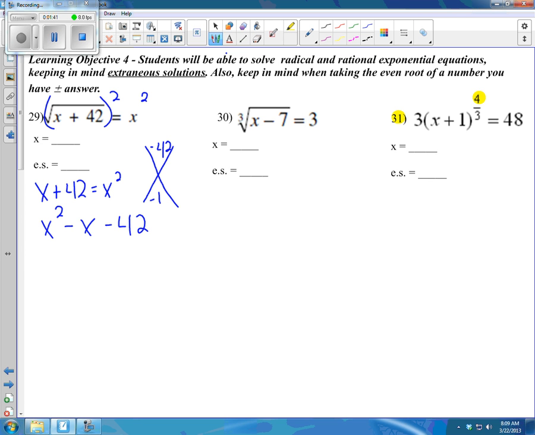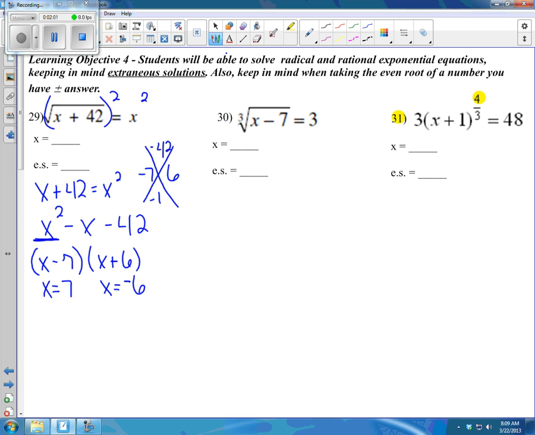And then through the factor program, the factors that are going to end up working will be negative 7 and 6. And because it is an x squared and not a number with the x squared, I can go straight to my parentheses. And then my two answers are, at this point, x equals 7 and x equals negative 6.